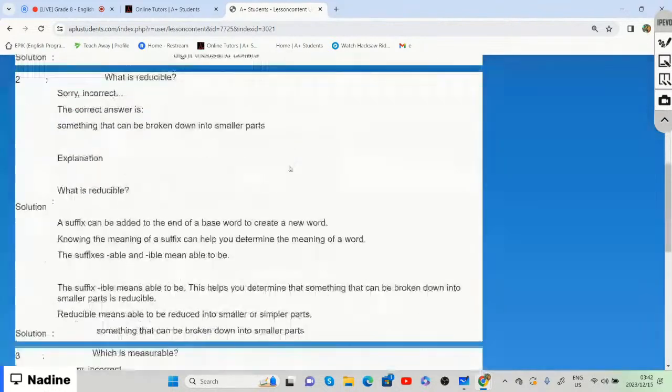And what is reducible? Reducible. It's the ability to reduce, being able to reduce. So something that can be broken down into smaller parts, that is reducible.